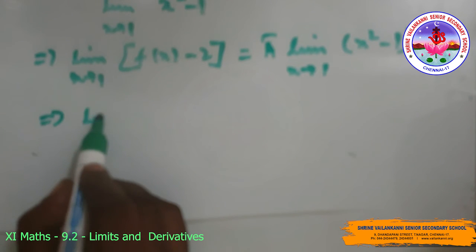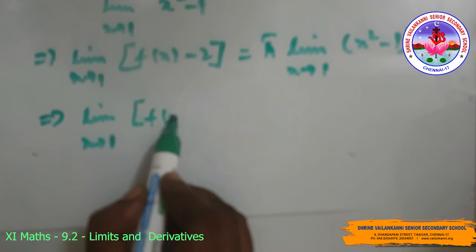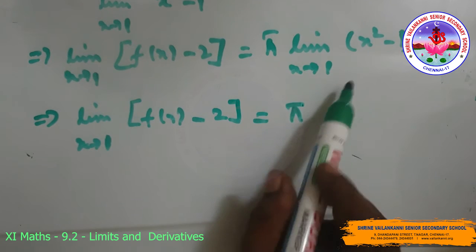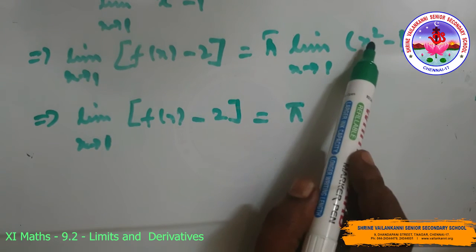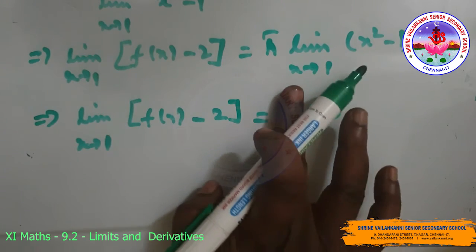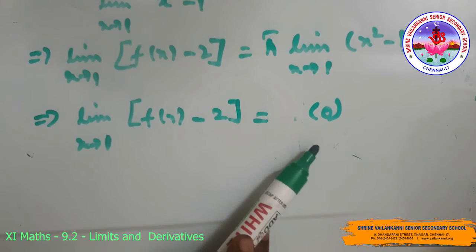which is limit x tends to 1 f of x minus 2 equal to pi into, at x equal to 1 we have 1 square minus 1 which is 0. So pi into 0 is 0. So we get limit x tends to 1 of f of x minus 2 equal to 0.